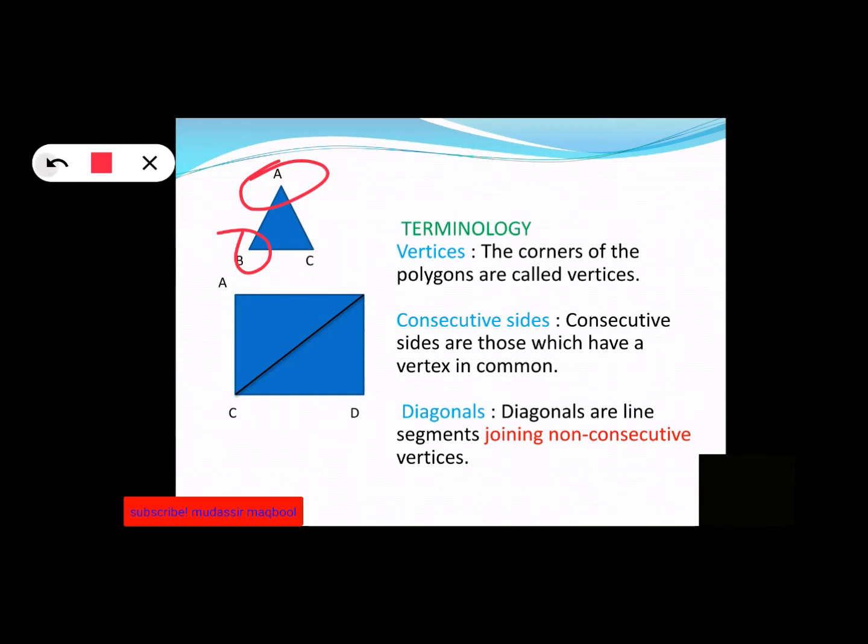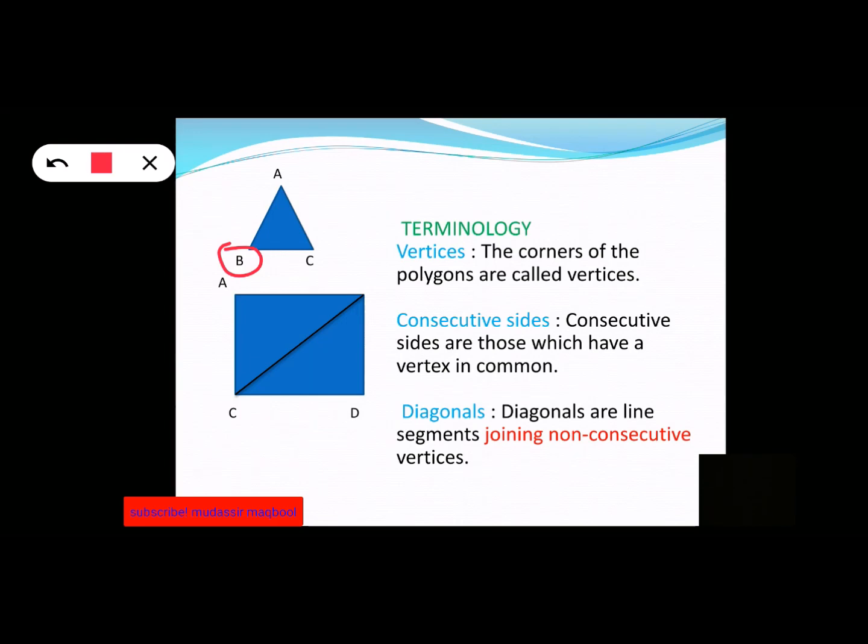Then we have the consecutive sides. Consecutive sides are those sides which have a vertex in common. Consider again triangle ABC: AB and BC are two straight line segments connected at point B. B is the common vertex to both the sides.